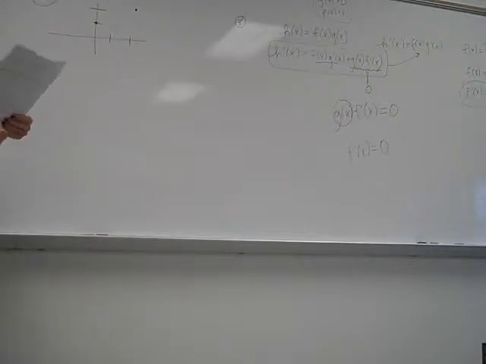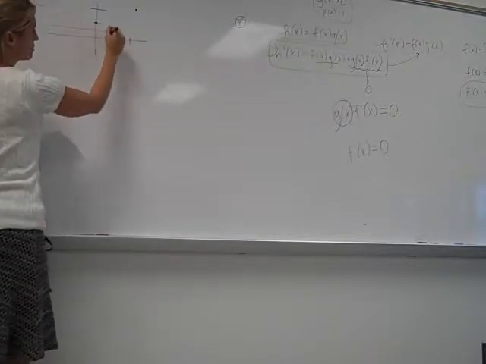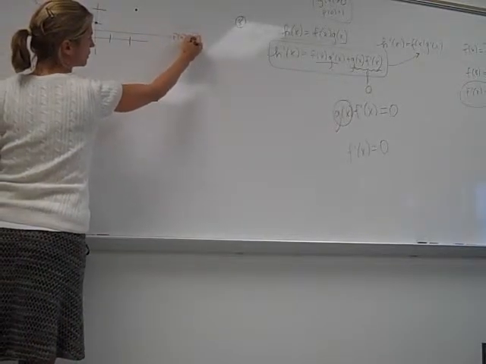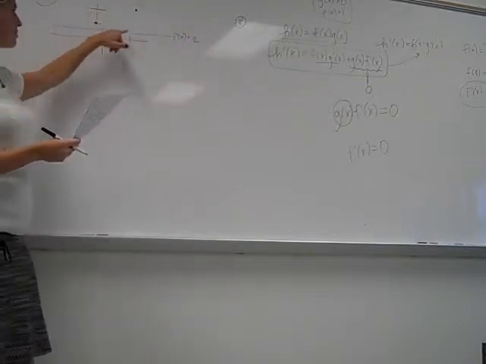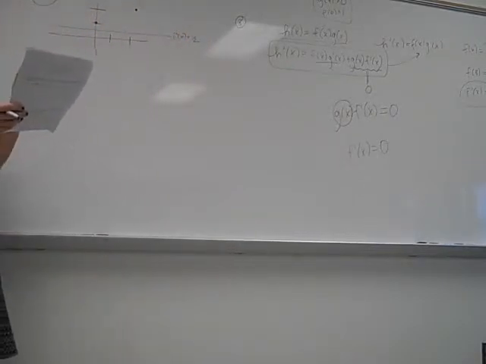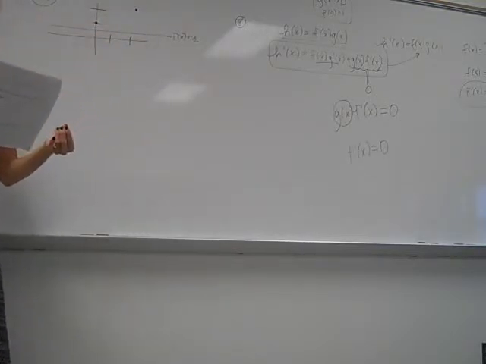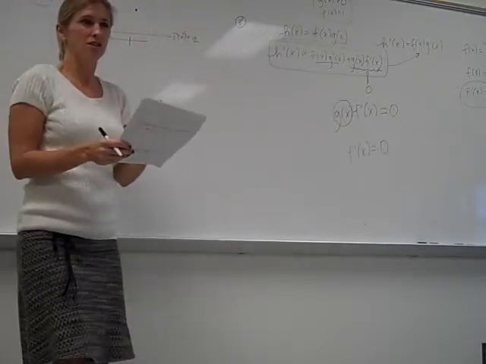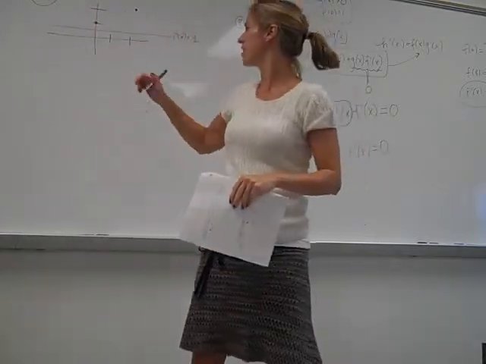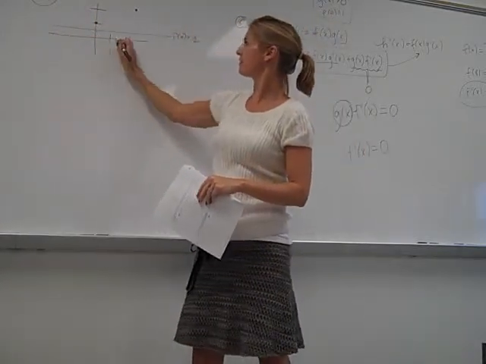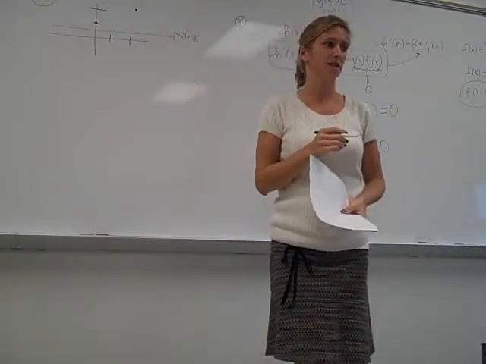Okay, the equation f of x equals 1/2. Well, what does that look like? What does y equals 1/2 look like? Horizontal line at 1/2. The line y equals 1/2. So that's the line f of x equals 1/2. It has two solutions with this function if k equals what? Solutions means intersections. Solutions means that's how many times this graph and this graph are going to cross. That's a solution.